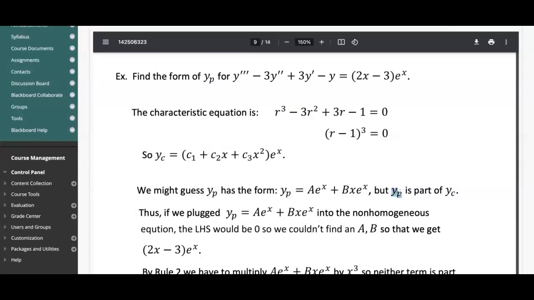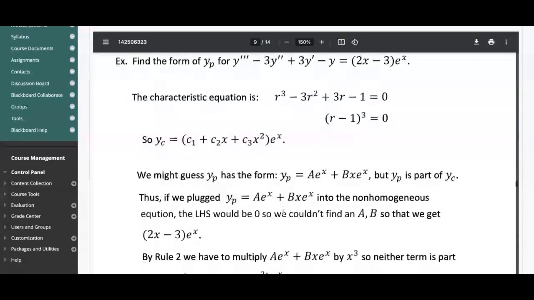But this particular solution is a part of the complementary solution, right? Because you see e to the x, x e to the x.